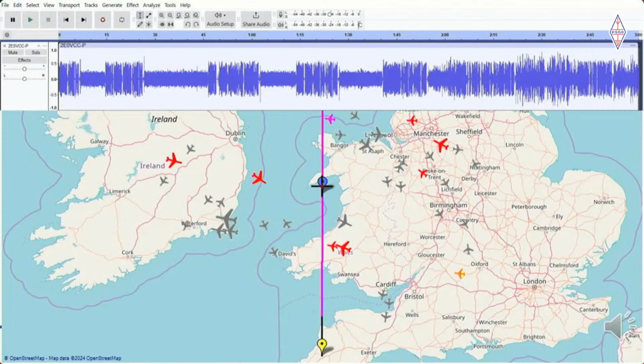2E0 VCC portable, 2E0 VCC portable, Golf Mike 3 Sierra Echo Kilo, Golf Mike 3 Sierra Echo Kilo, over. Over. Golf Mike 3 Sierra Echo Kilo, Golf Mike 3 Sierra Echo Kilo, go ahead Ian. Yeah, 2E0, he's just told me to go ahead. Evening Darryl, 54075, 54075, IO74 Sierra Romeo, 74 Sierra Romeo, over.